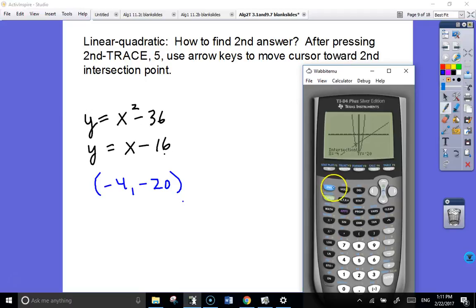Right, so second trace 5. And now when I hit right arrow, you can see the cursor moving along the parabola. And when you get it in the vicinity of the second intersection point, it doesn't have to be exact, just closer to that point than the other, then you hit enter, enter, enter. And it looks like 5, -11.